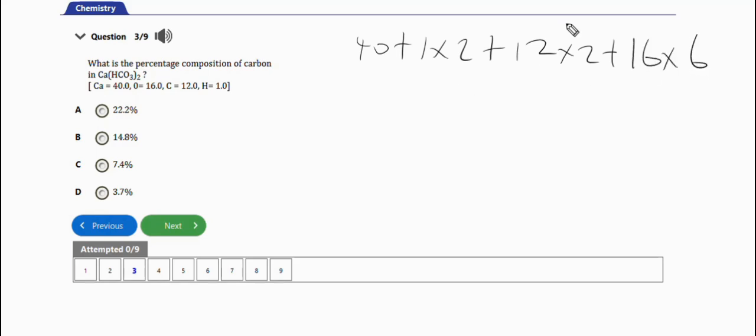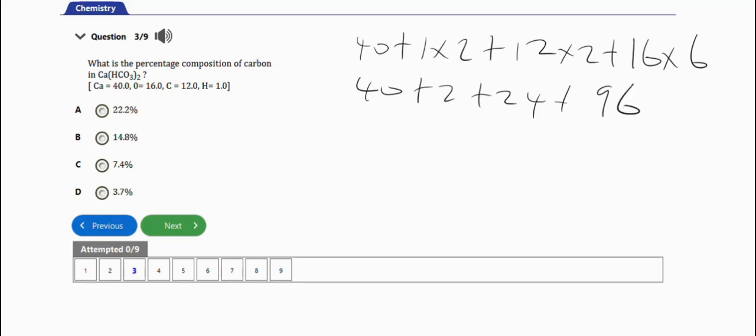Let's break this down. We have 40 plus 2 plus 24 plus 16 times 6. 6 times 6 is 36, so this gives us 96.